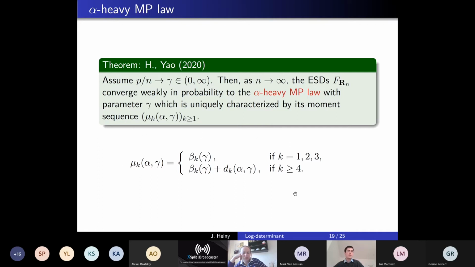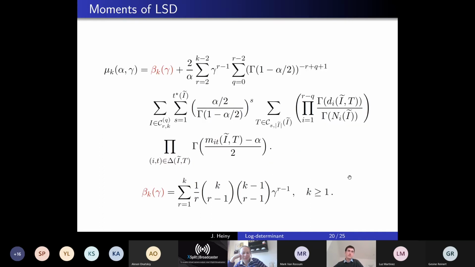Okay, so this is the simplified formula for these moments. I want to apologize beforehand for my next slide, but I thought for the sake of completeness, I would show you the expression also for this d_k of alpha, gamma. So this is on this slide here. You see the first contribution, this Marchenko-Pastur moment, is very nice, and it's given here at the bottom.